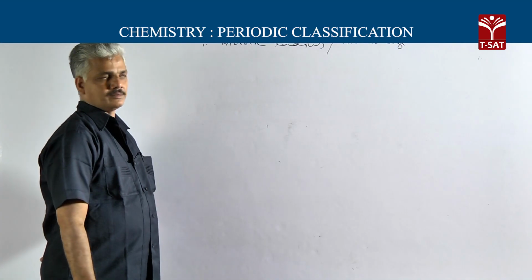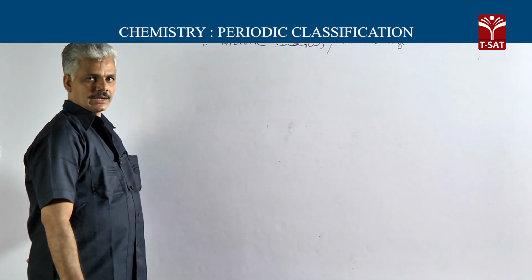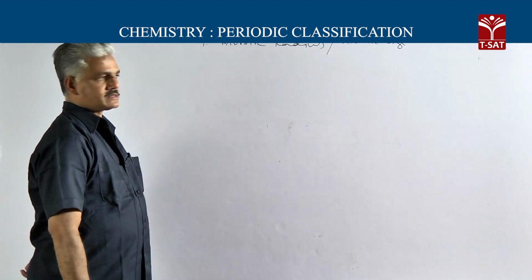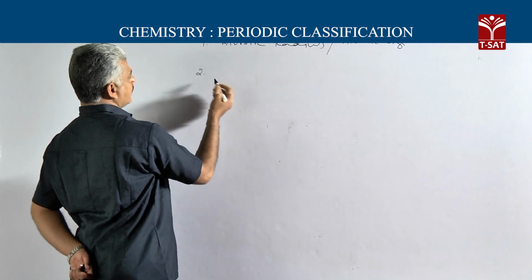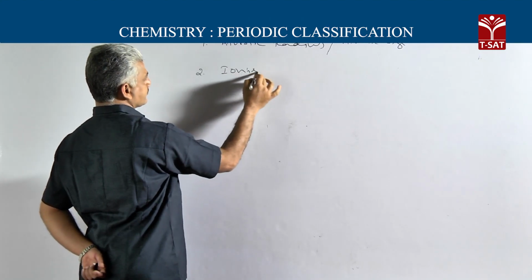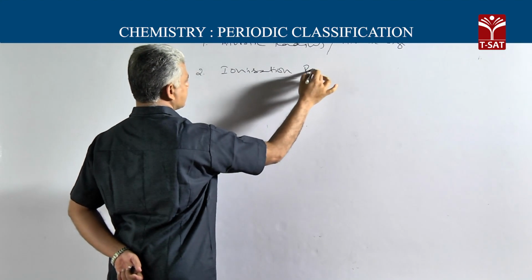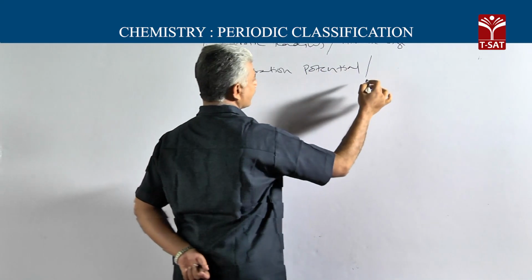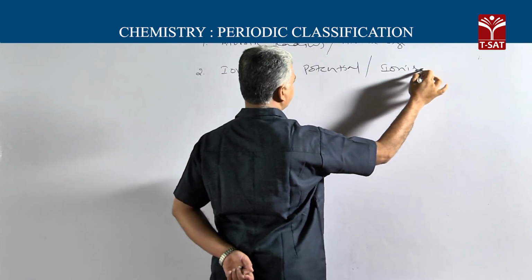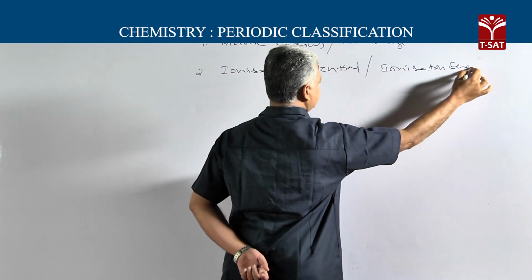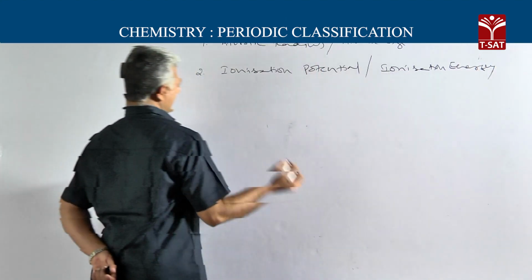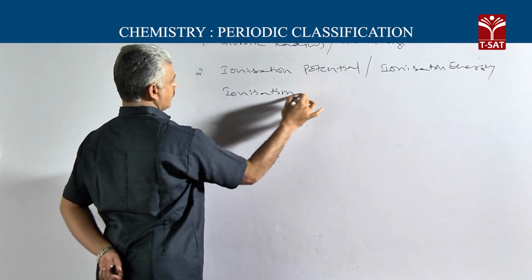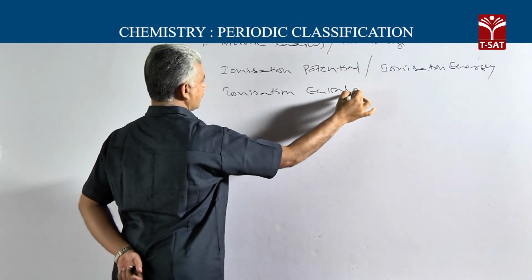If you know atomic radius, from that we can calculate atomic volume, which is taken as equal to atomic size. Then the second periodic property is ionization potential, also called ionization energy as well as ionization enthalpy.